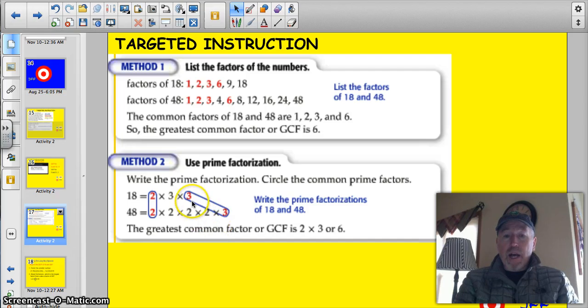All right. You can also write the prime factorizations, and this is a slick method here too, especially for larger numbers. Take 18, and that factors out in prime factorization as 2 times 3 times 3. Take 48, that's 2 times 2 times 2 times 2 times 3. And then you look for the common factors. Well, each of them has at least 1 two and 1 three.